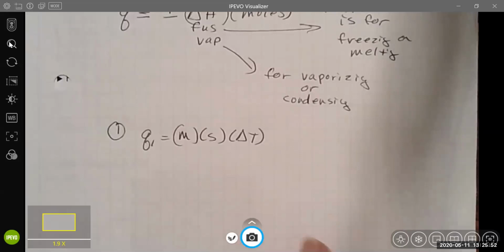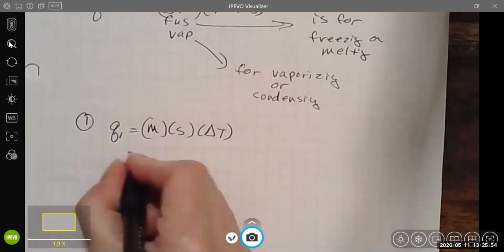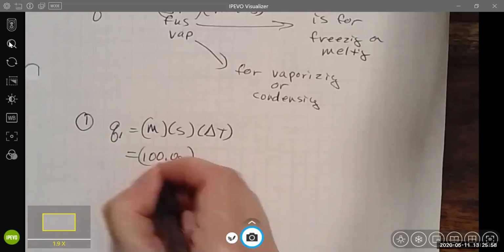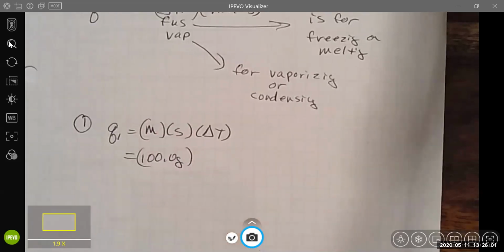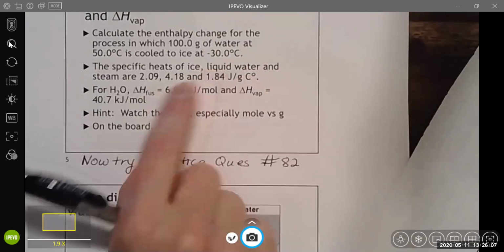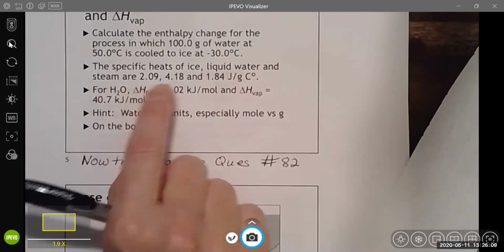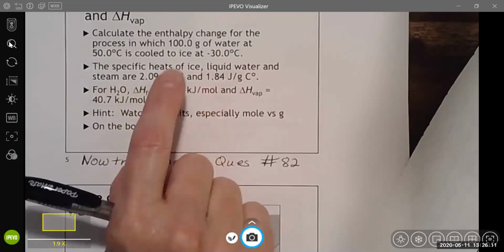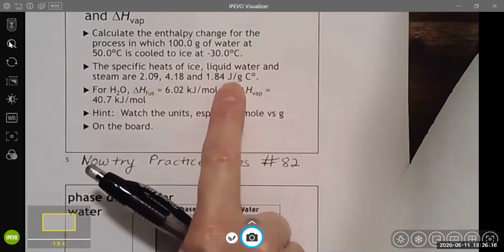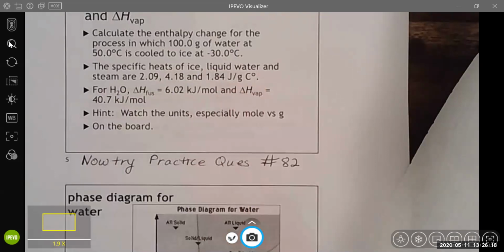Mass in the problem, 100 grams. Specific heat, well, we're in the liquid stage, so I'm going to move this out here. Our specific heat of our liquid is this one. So ice, liquid, and steam or gas. We have the liquid, 4.18 joules per gram per degree Celsius.